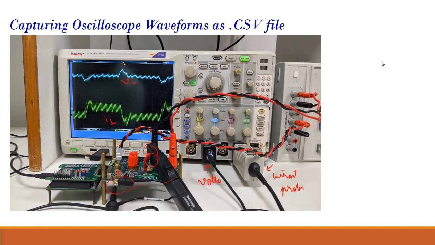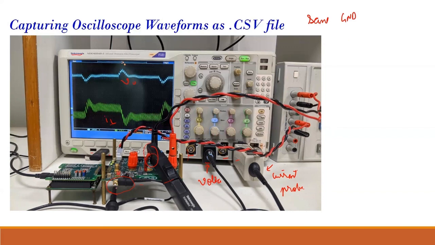Okay, so whenever you're doing this practically, see there are these channels: one channel, second channel, third channel, fourth channel. The current probe is independent. Let us leave that. All the channels of the oscilloscope will have the same ground. Because they have the same ground, you must be very careful.